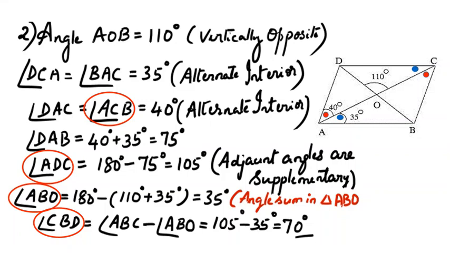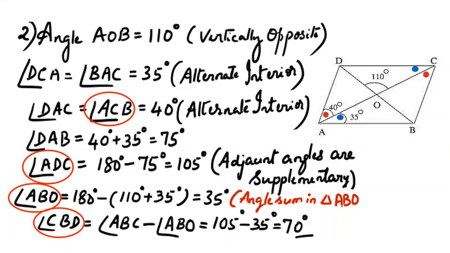So together it should make 180°. Angle sum of the triangle ABO. So use that and find ABO. That comes as 35°. Because after you get the answer, you tally 35° plus 35° plus 110, 180 you will get easily.